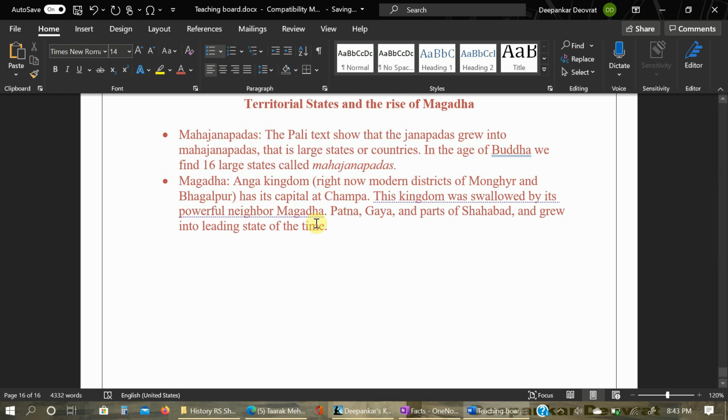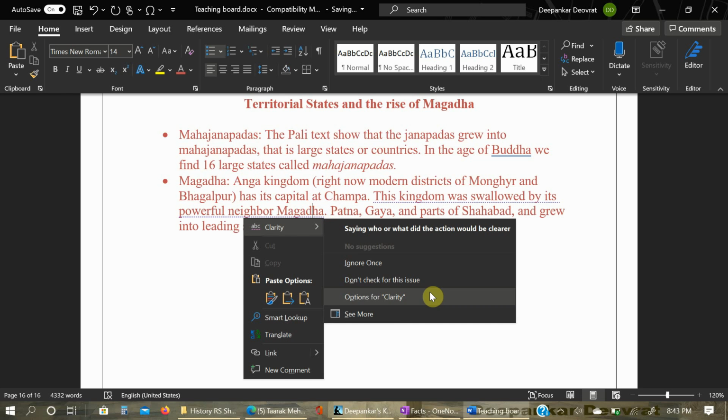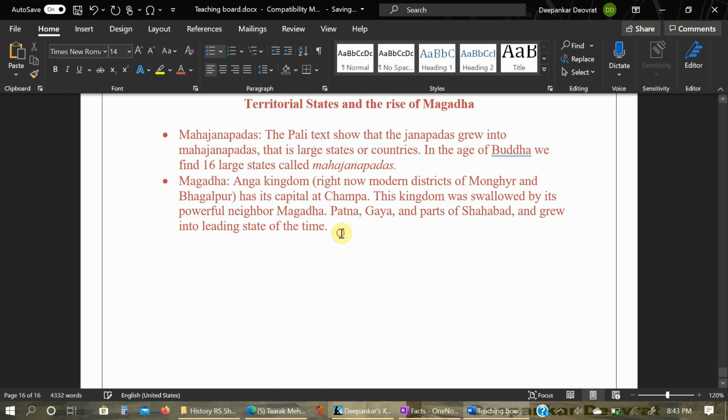Its earlier capital was Rajgir and later Patliputra. That is, the Anga kingdom was swallowed by its powerful neighbor Magad.